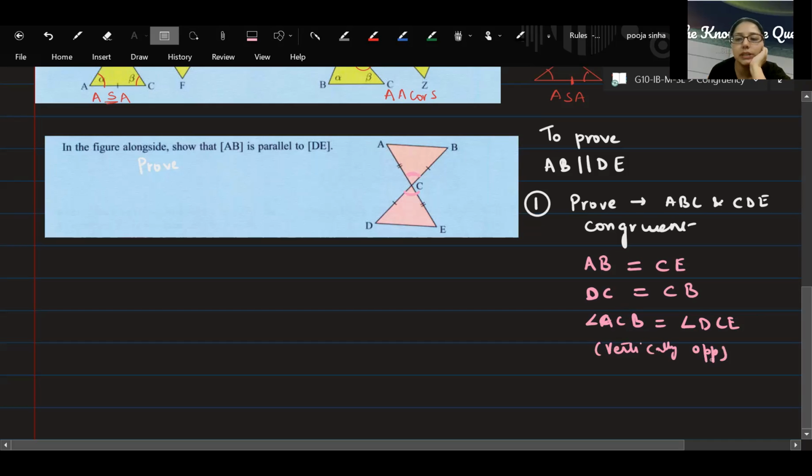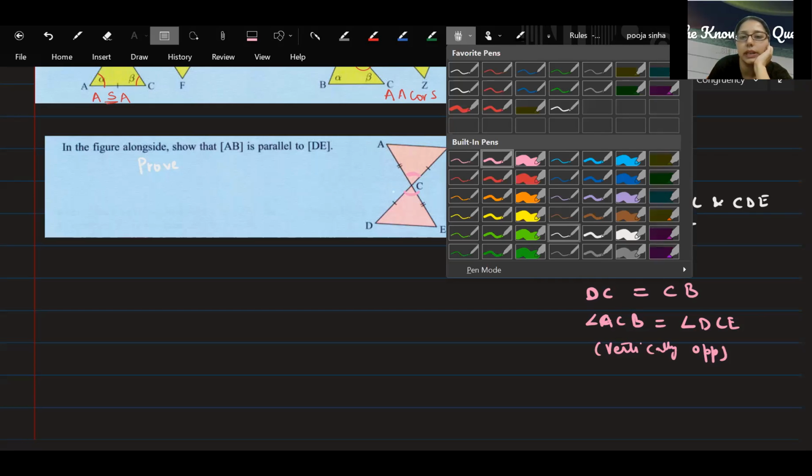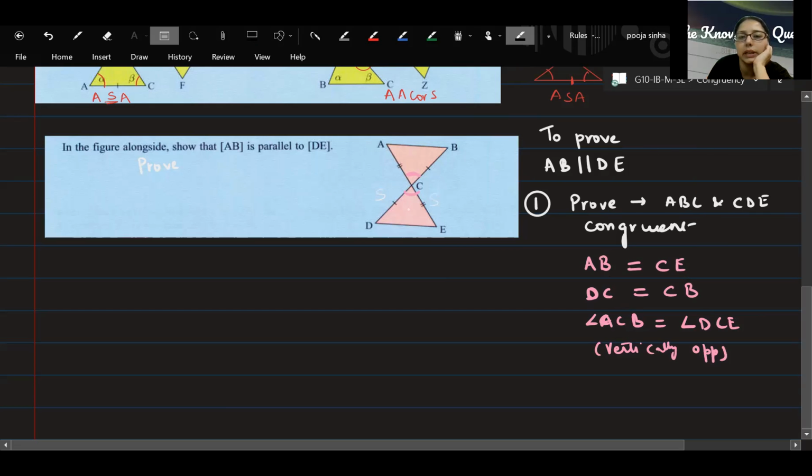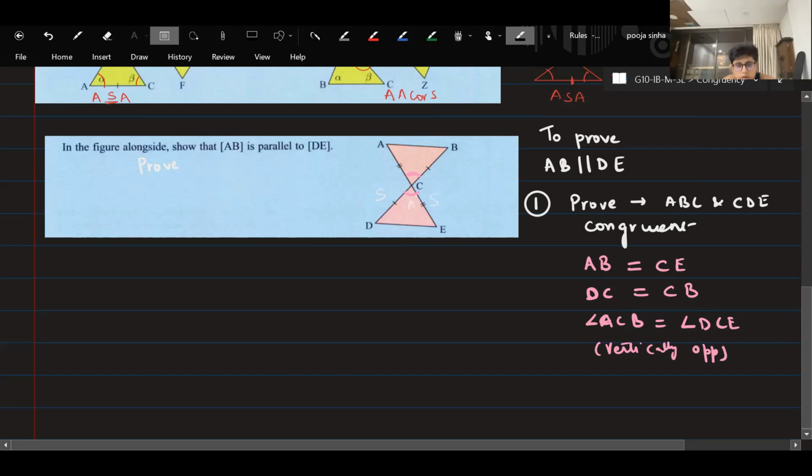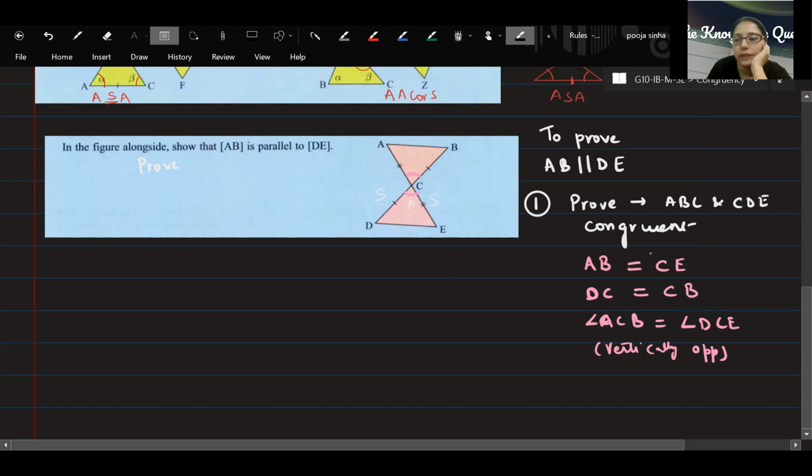So which means, one more thing, there is a side here. This is a side. This is also a side. The angle is in between. Side, angle, side: SAS. So which congruency?